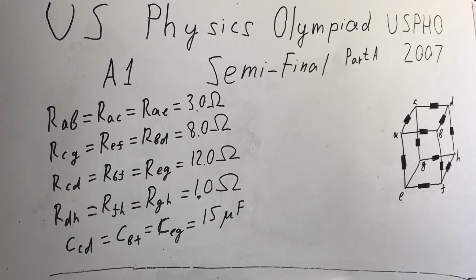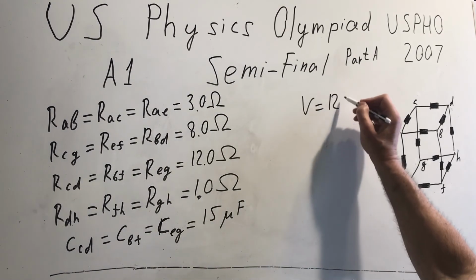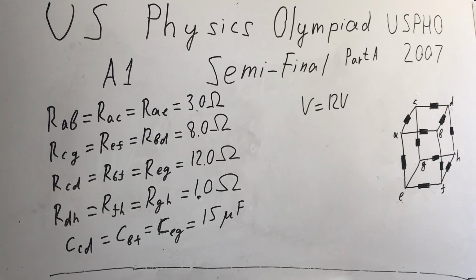And we connected points A and H with a voltage V equal to 12 volts. So we need to find what is the charge on each capacitor after a long period of time.